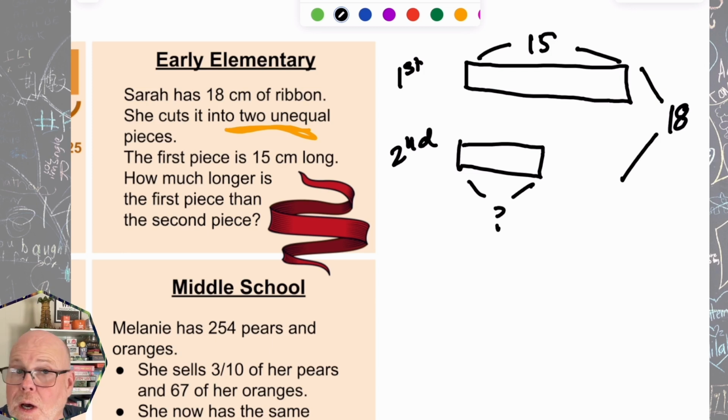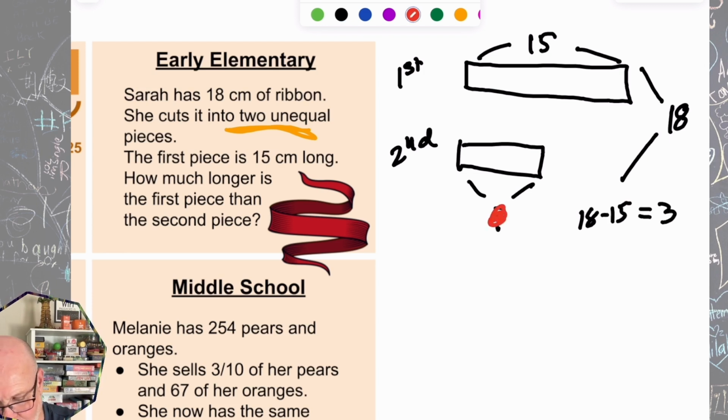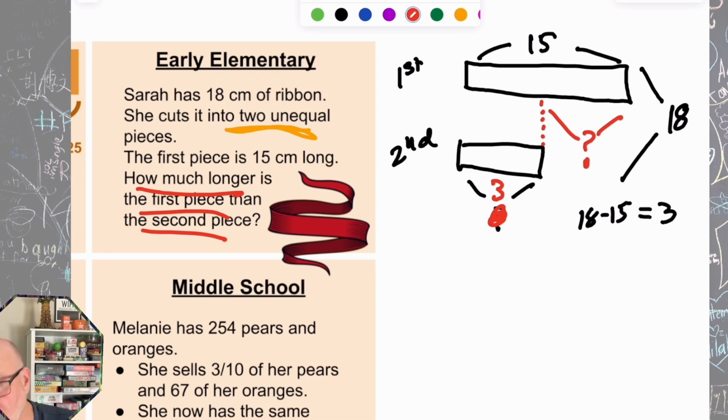Doing a little bit of subtraction, we can see that 18 take away 15 is 3. So now we know that this length right here is 3. And then it says, how much longer is the first piece than the second piece? So really, we're trying to find this length right here.